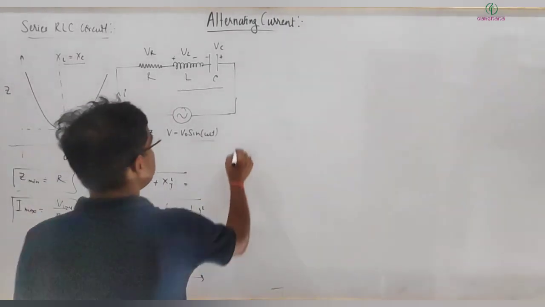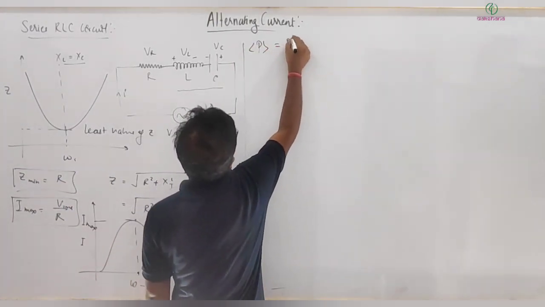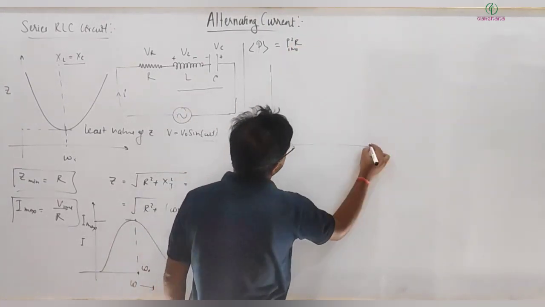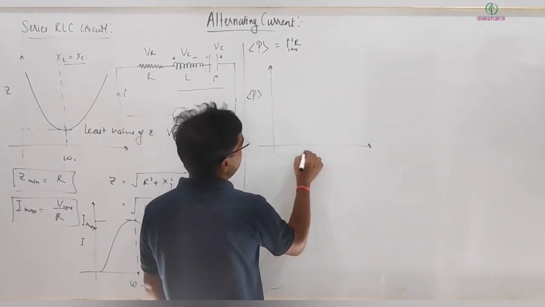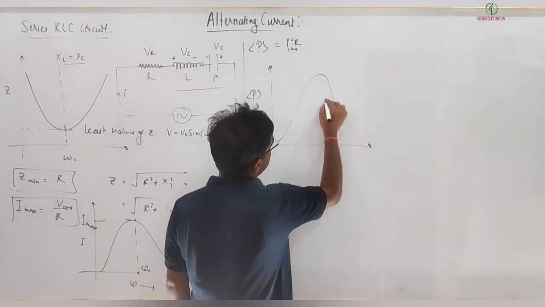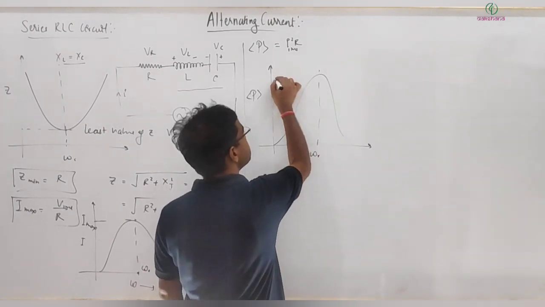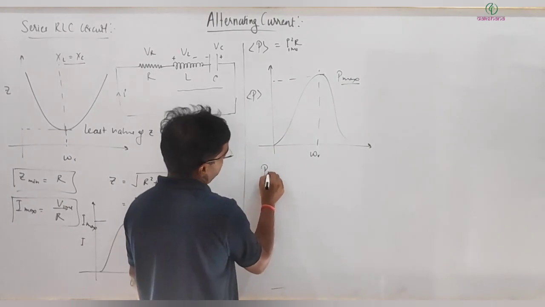Okay, so similarly I can write the average power is equal to I square into R, RMS, and I can see the variation. So in a similar way your power will also vary like this. This is your omega R. So this is your P max, and P max is equal to what?